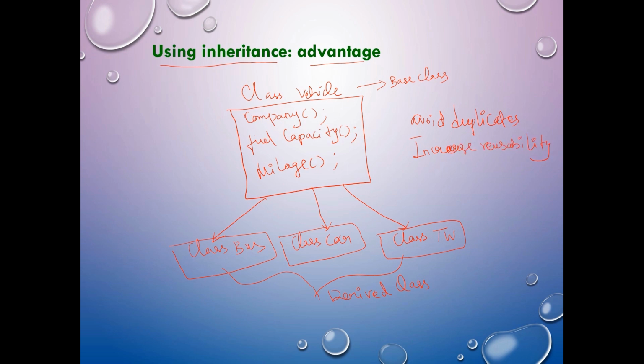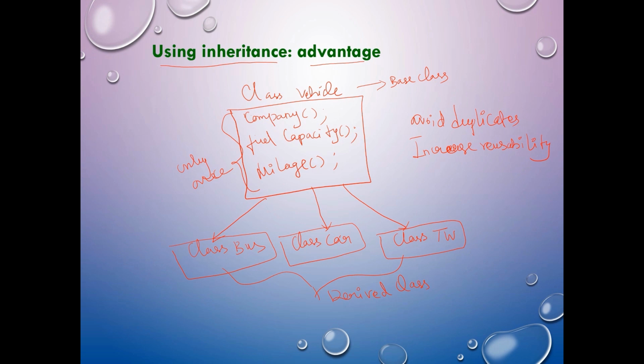Here we have written the functions only once, and we can use them many times. This is what reusability is about. Company, fuel capacity, mileage are the properties of the vehicle base class, and we have written them only once.